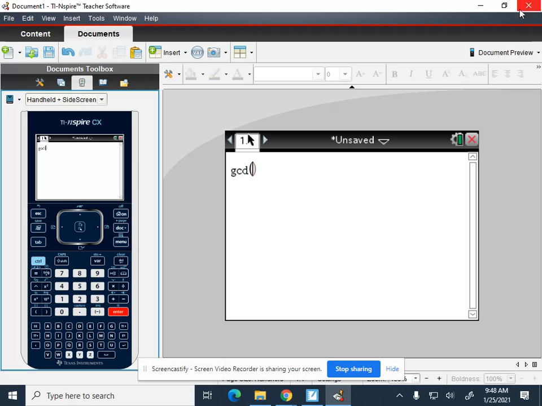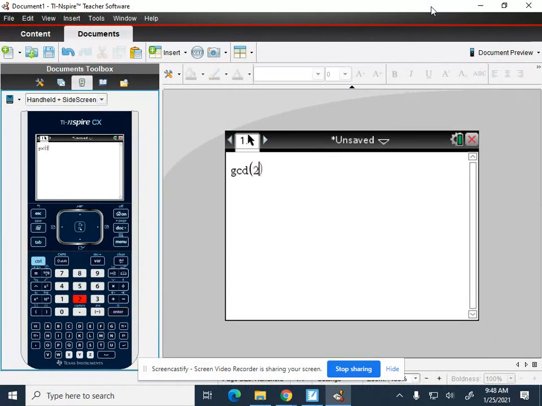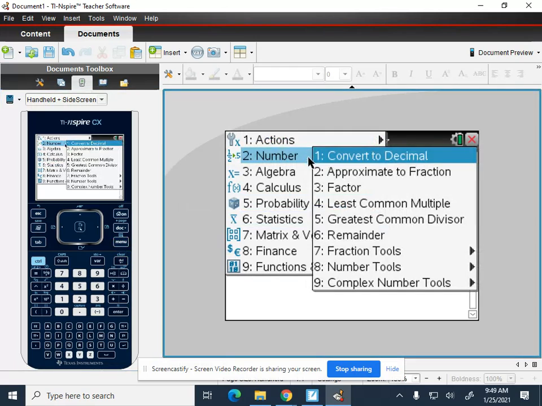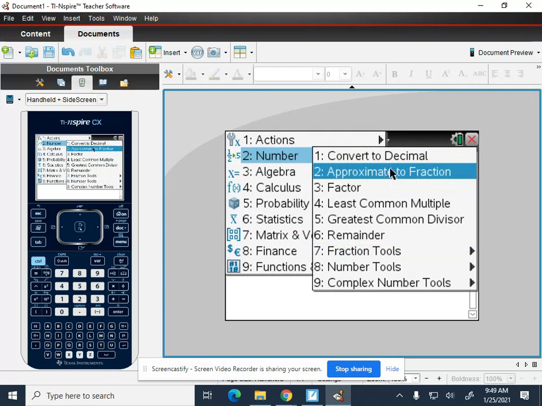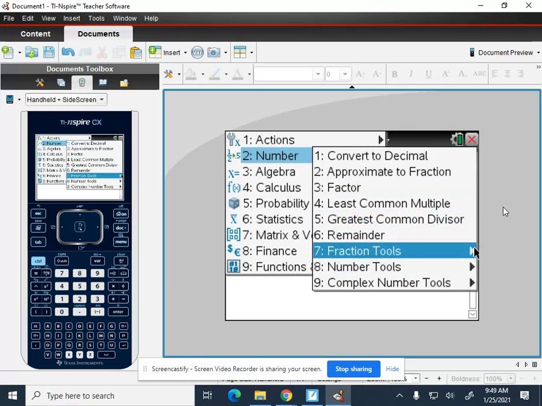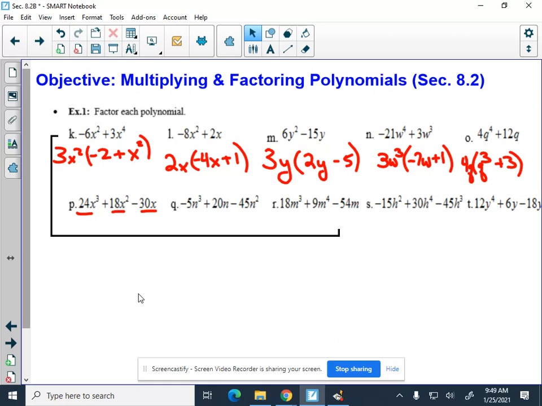What were the numbers in front? 24, 18, 30. No. Should say greatest common factor. Okay, it doesn't do greatest common factor on here. Either that or I've forgotten how. So there's a mathematical way to figure it out, but it's kind of complex.